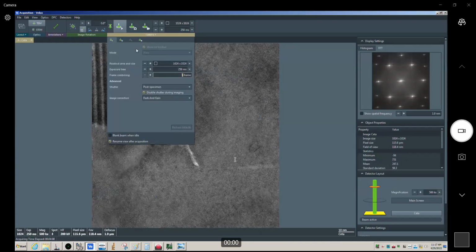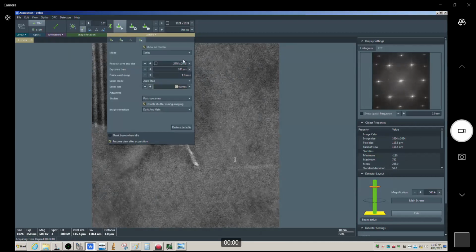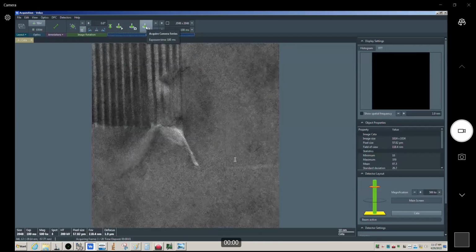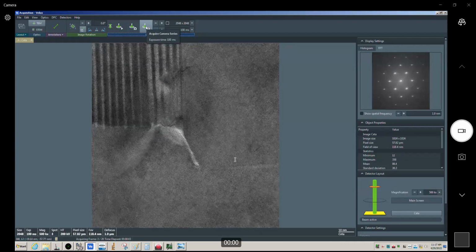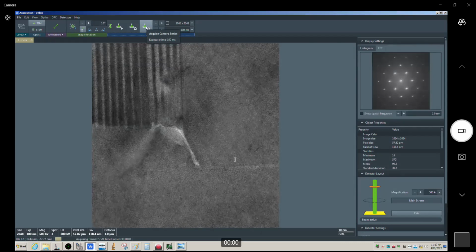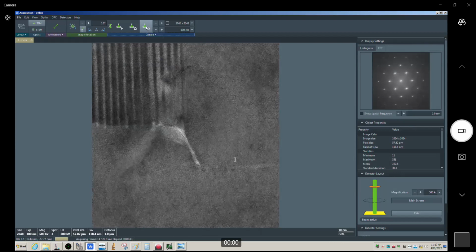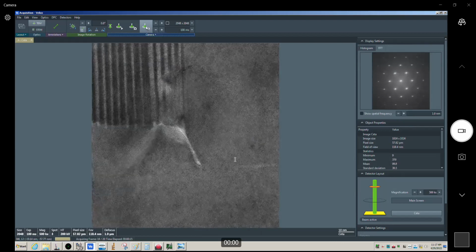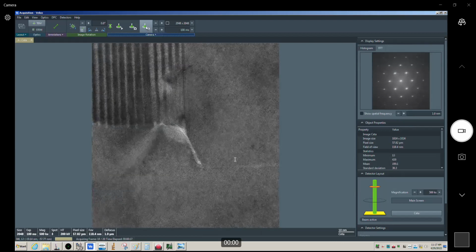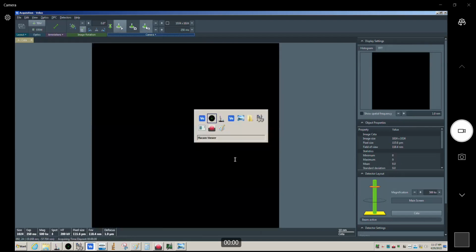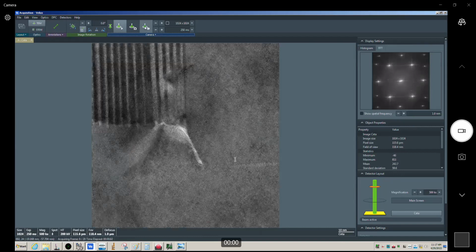Let me try doing a series acquisition here and see. All right, let me blank the beam.